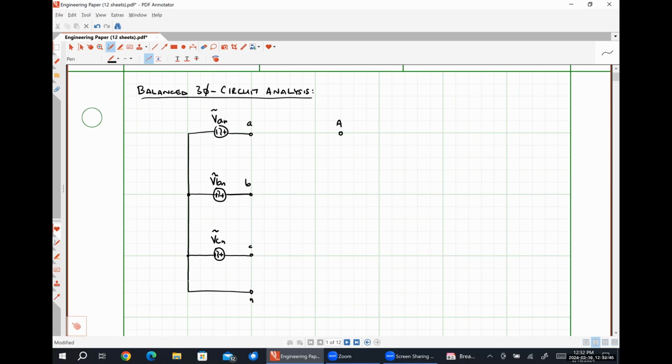So here's my voltage source. Over here on the right-hand side, I'm going to put my three-phase load.